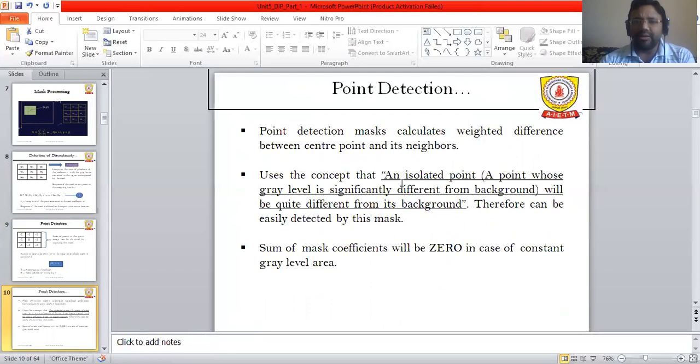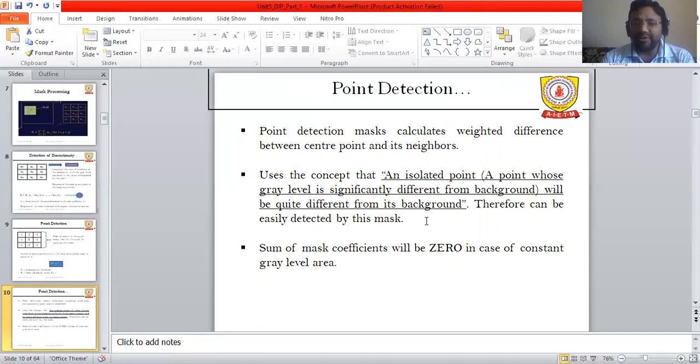It uses the concept that an isolated point, a point whose gray level is significantly different from the background, can be easily detected by this mask.